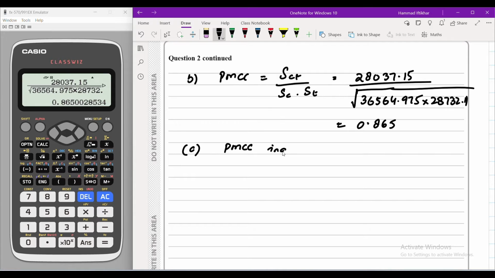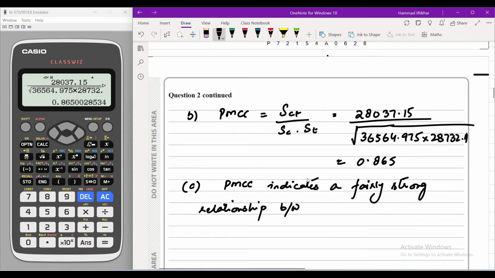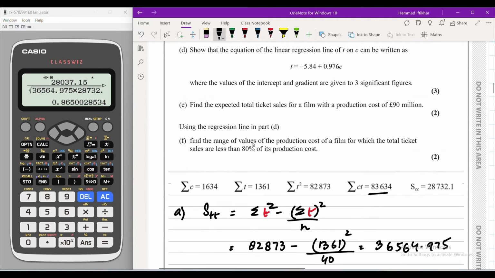The PMCC indicates a fairly strong positive relationship between ticket sales and production cost.